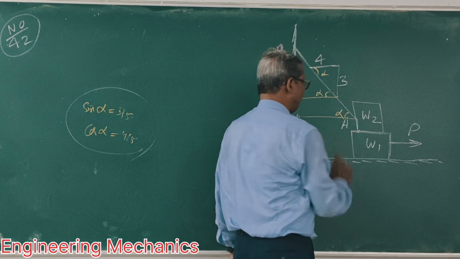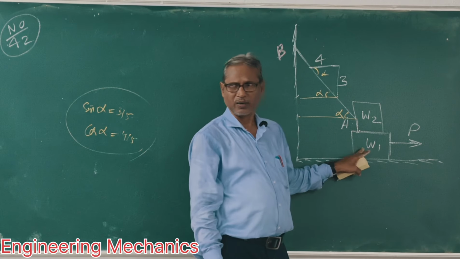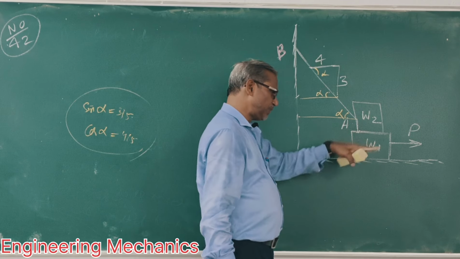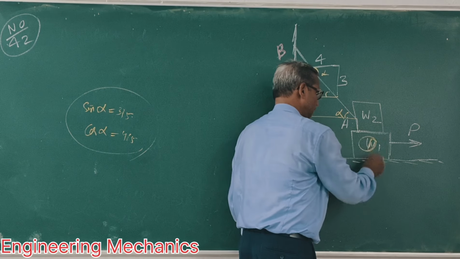For block 1, this is block 1. This is weight W1. Clear? This is force P. So at this contact surface, this is normal reaction Rn1. Since the force is applied towards the right side, the friction is towards the left side, F1.